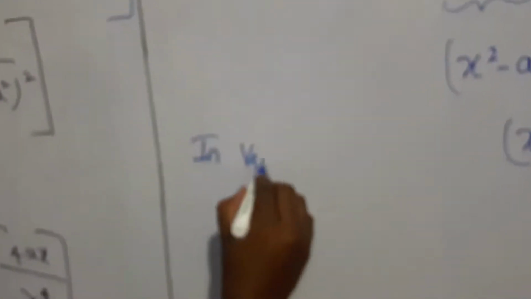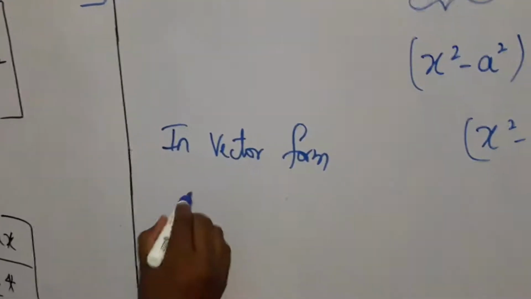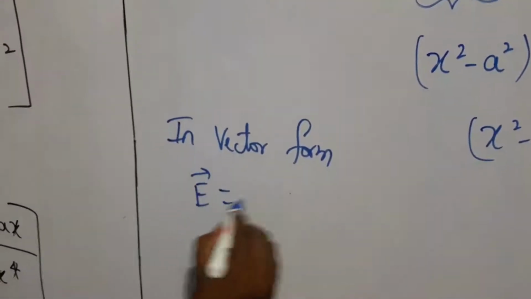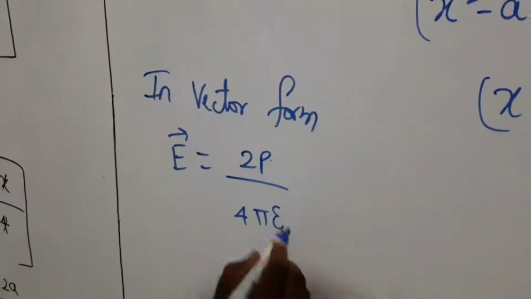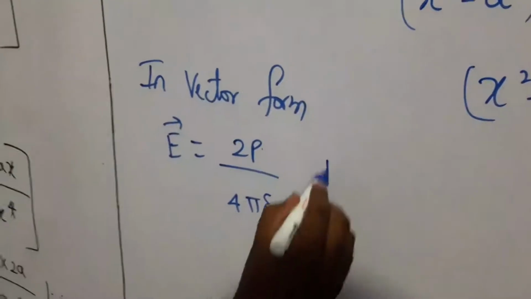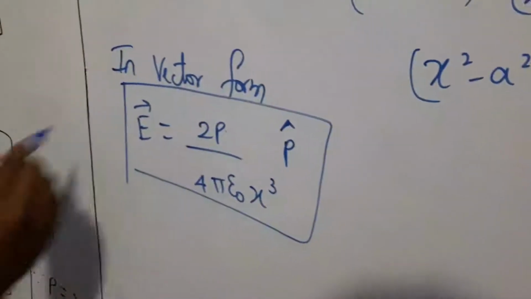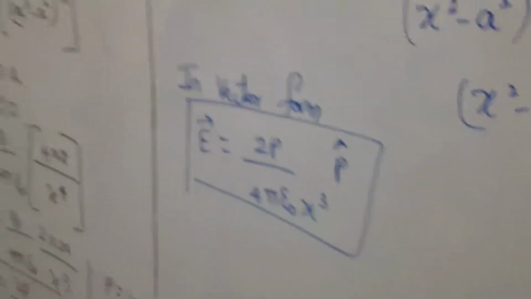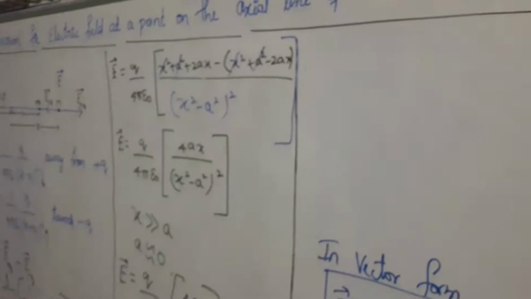In vector form, E is equal to 2p by 4 pi epsilon naught x cube, just p cap. This is the vector form of the electric intensity expression at the axial line of an electric dipole.